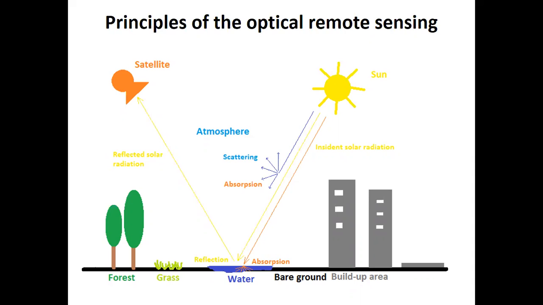This blue line here reflects that part of sunlight which does not reach the Earth's surface. Part of it is absorbed by atmospheric gases, and part of it is scattered in the atmosphere just because the atmosphere is not totally transparent.